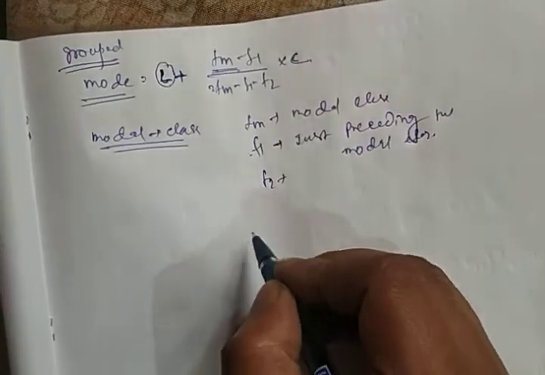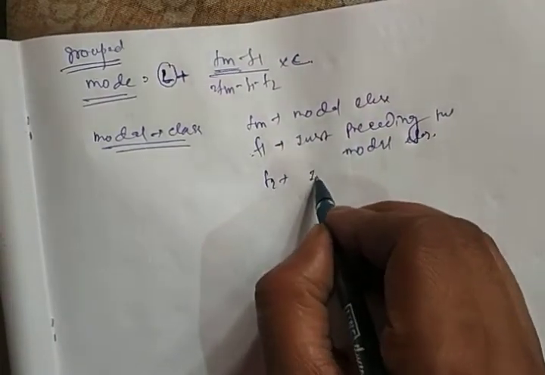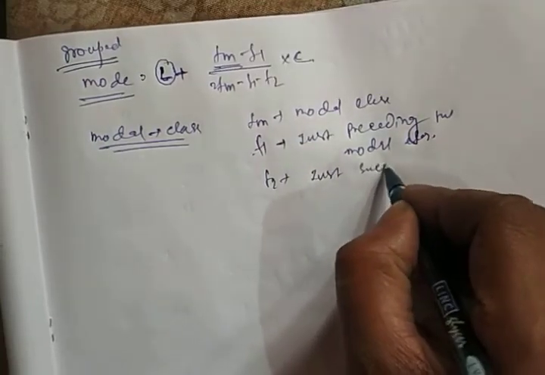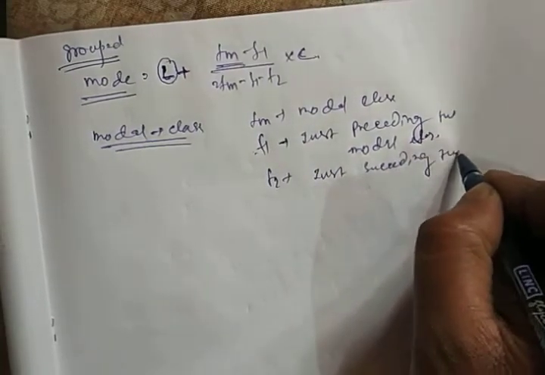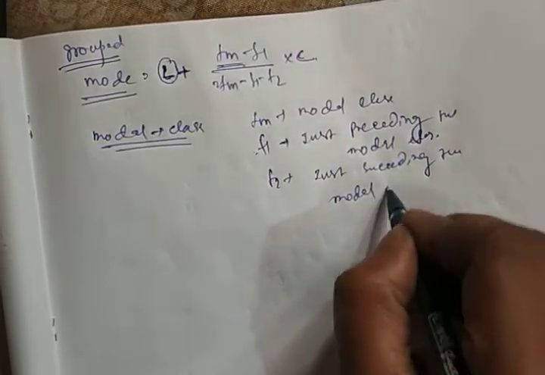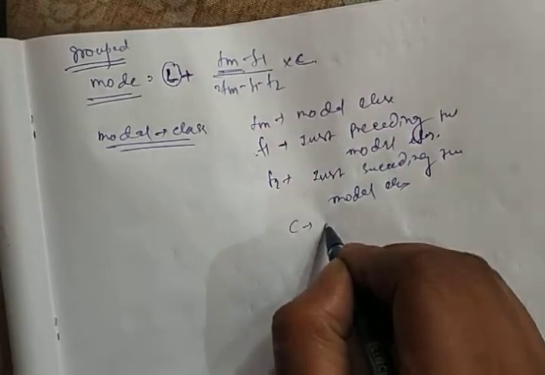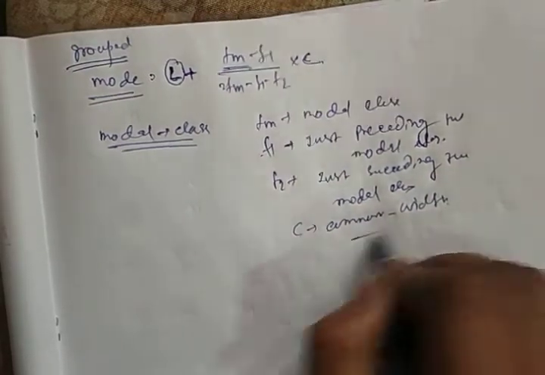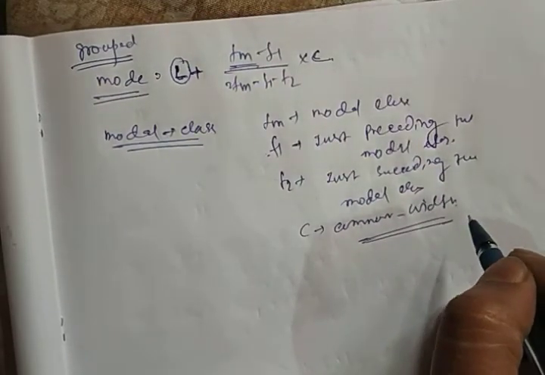F2 is the frequency just succeeding the modal class. And C is the common width, that is, the length of the class interval.